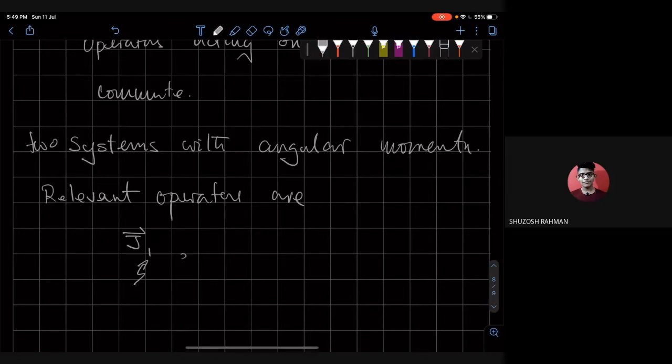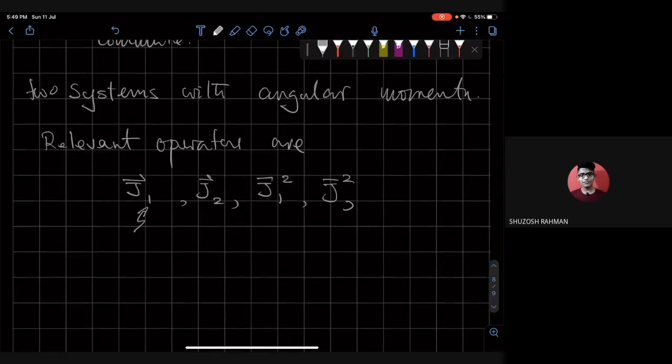So there's J1 and then J2, the angular momentum operators of the second system, J1 squared, J2 squared, etc. Now, we also define a total angular momentum J to be J1 plus J2.